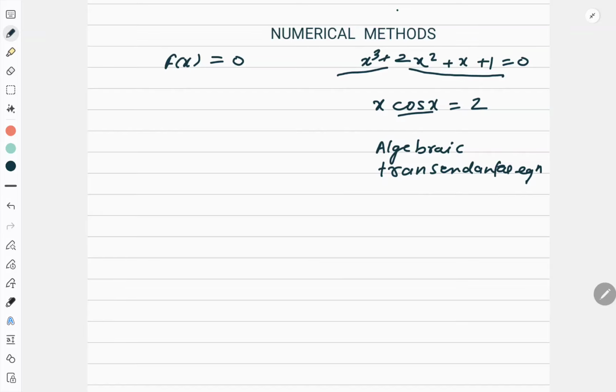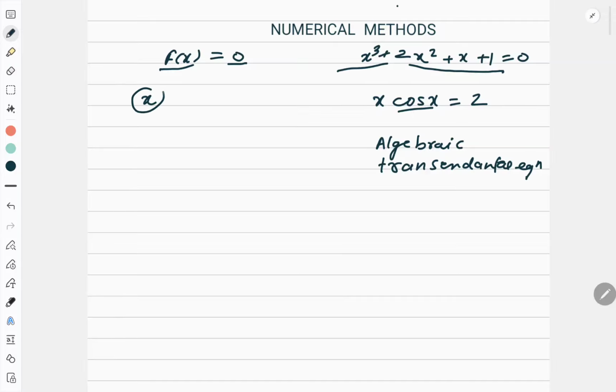Now first understand, when I am asking you to solve an equation like this, what exactly are we searching for? We are searching for the value of x for which f(x) = 0. Geometrically, if you plot the graph of f(x), it will be like this. At this particular value of x, the value of y is this.